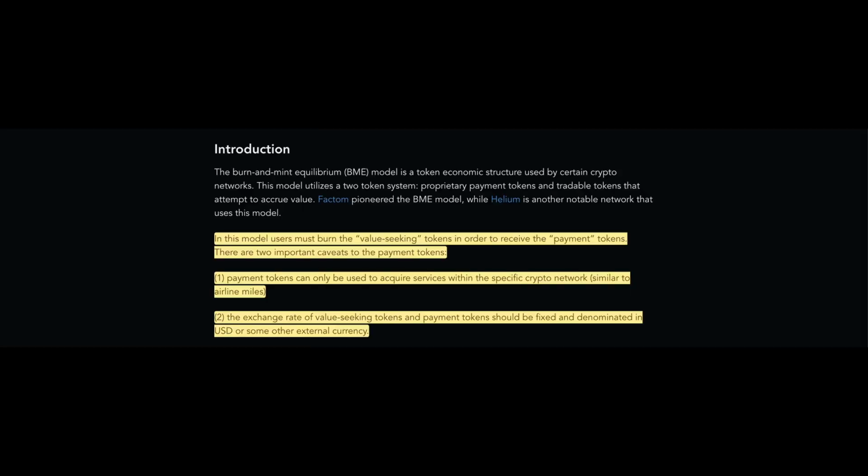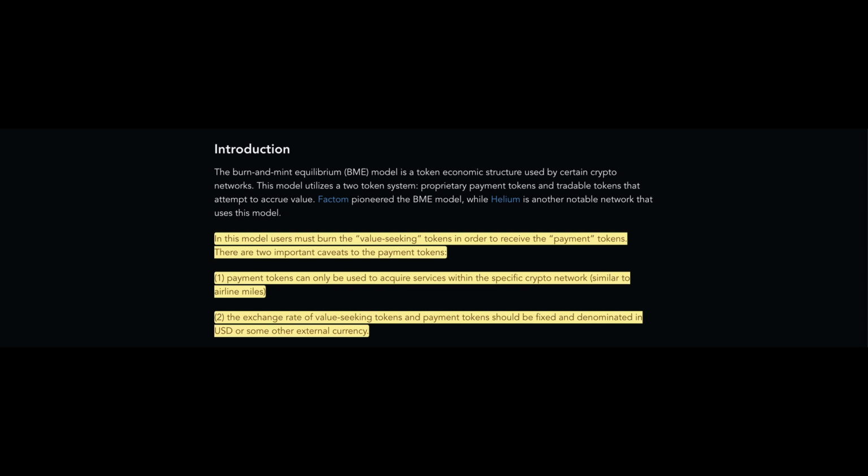This gets them the tokens for making payments, but there are two important things to know about the payment tokens. Number one, payment tokens can be used to acquire services within specific crypto networks, similar to airline miles. And second, the exchange rate of value-seeking tokens and payment tokens should be fixed and denominated in USD or some other external currency.